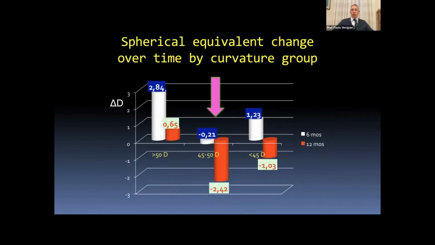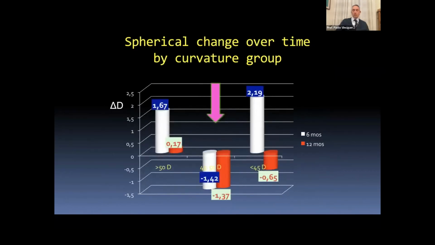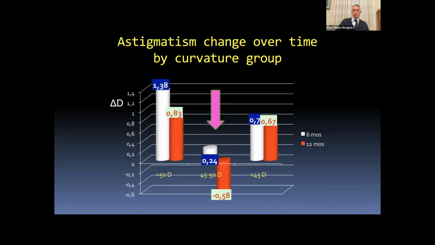For the spherical equivalent change, you should expect a larger change in patients who have the highest curvature, more than 50 diopters. The spherical change over time is located in the patients with less than 45 or over 50. The astigmatism is changed more in the patients who have the highest curvature at baseline.